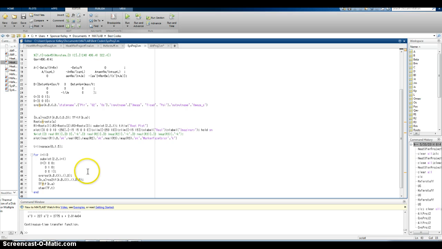And then it finds the step response and the system response of that transfer function, or the transfer function that comes about once you process the state space of it.